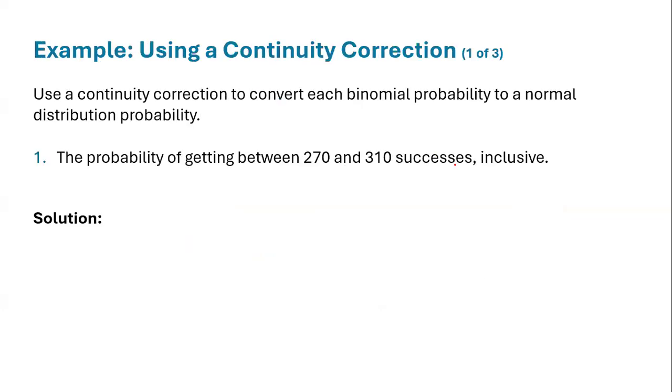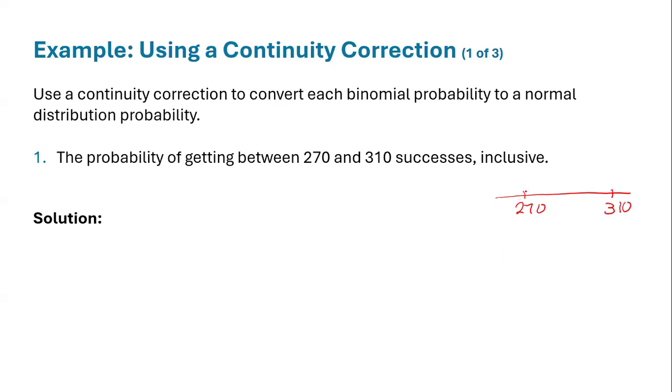Let's look at some examples. Let's see how the continuity correction works first. Use a continuity correction to convert each binomial probability to a normal distribution probability. The probability of getting between 270 and 310 successes inclusive. Okay, if you want to use binomial distribution properties from 270 to 310, inclusive means both of them are included as well.